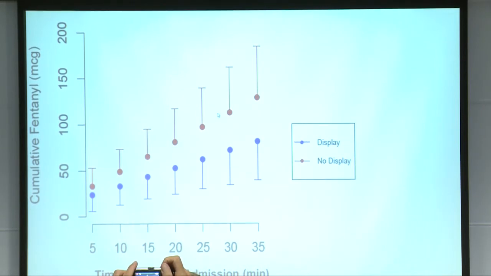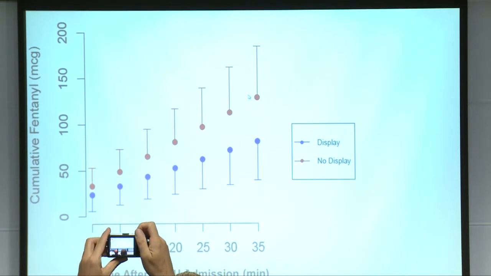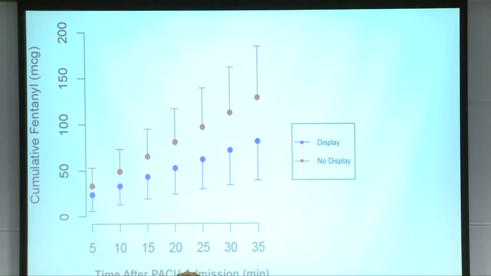Those without the display received more fentanyl in the postoperative period. So patients were asking for pain relief, received more pain relief because they were not prepared as well for the postoperative period. And the introduction of the display then may represent a change in practice in that the patient's postoperative analgesia is managed better.